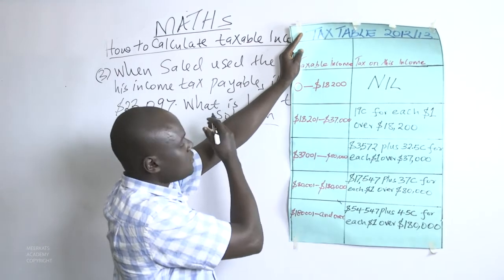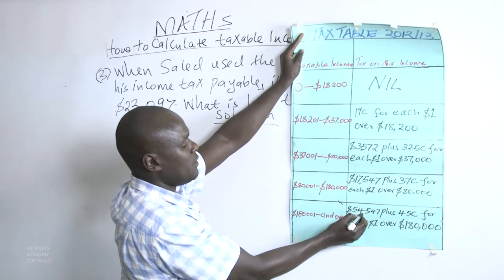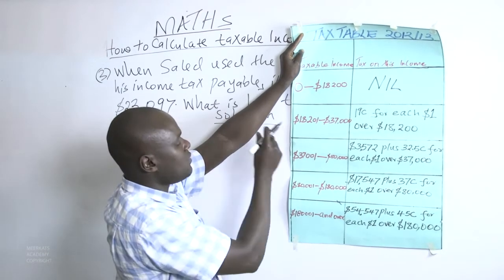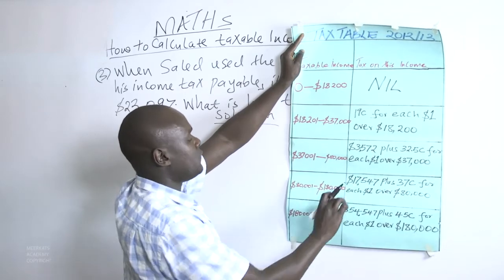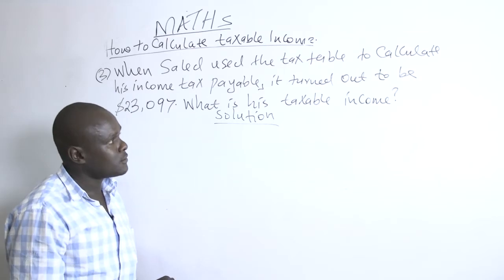So how is it going to help us? This figure is closer to that, but when we look at the fifth or last tax bracket, it is way above that. So this amount must have been calculated from the fourth tax band.